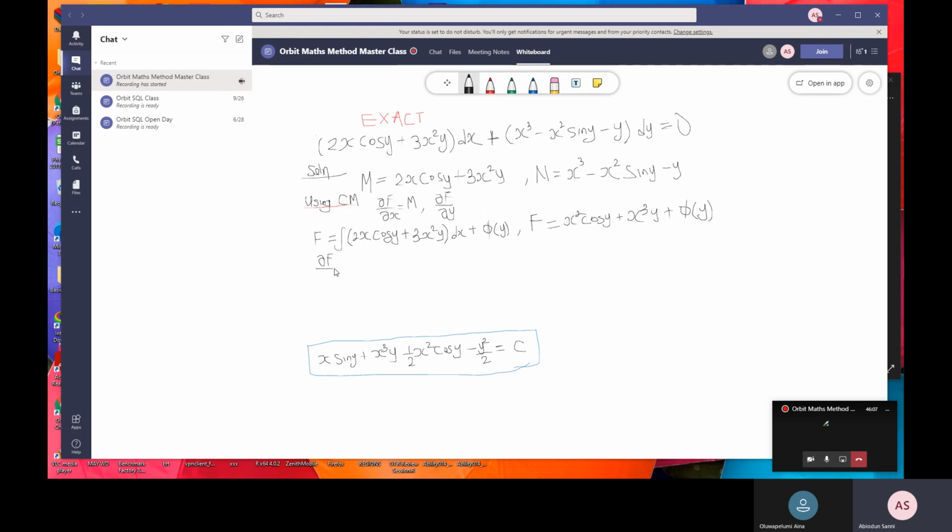So df dy will now be equal to, differentiate this partially with respect to y, I'm going to have minus x squared sine y plus x cubed. Differentiate phi of y with respect to y, I will have phi prime of y.